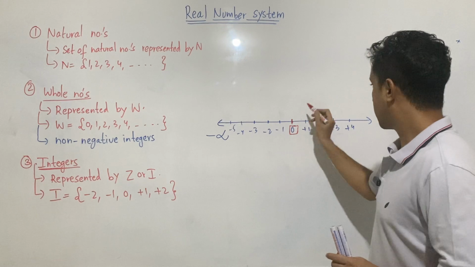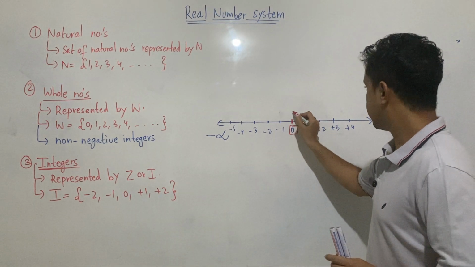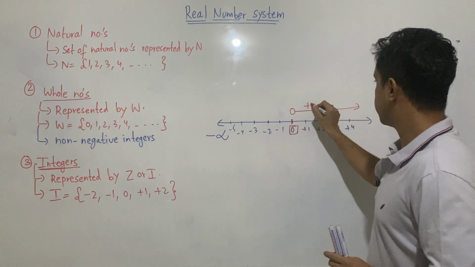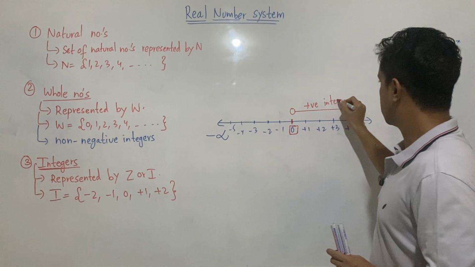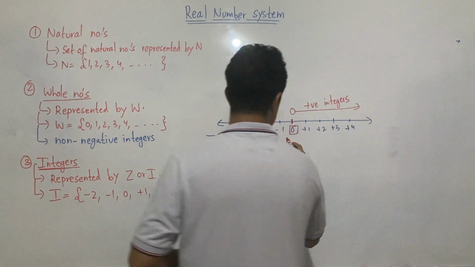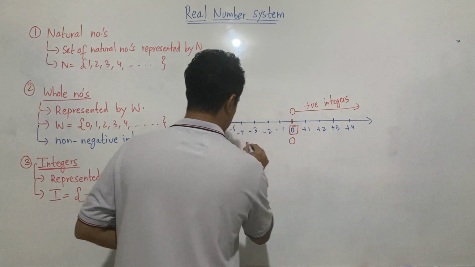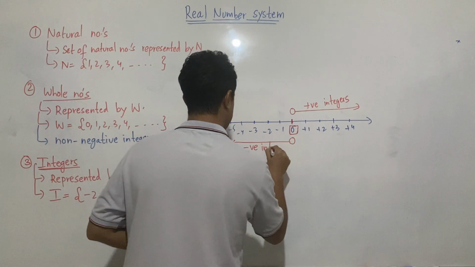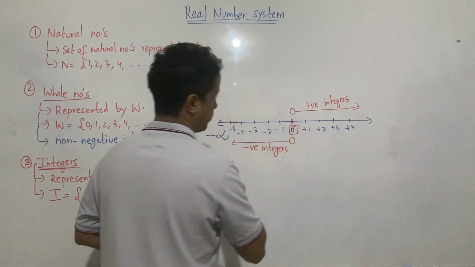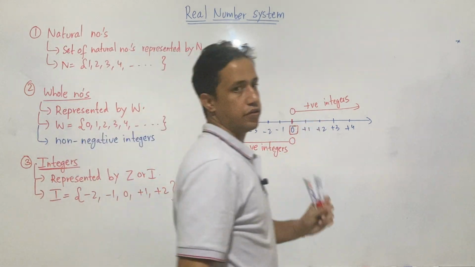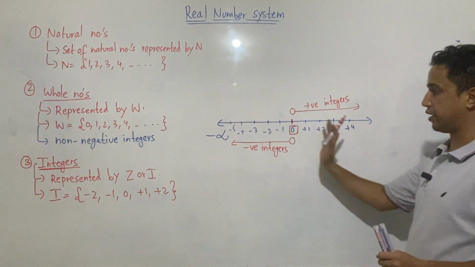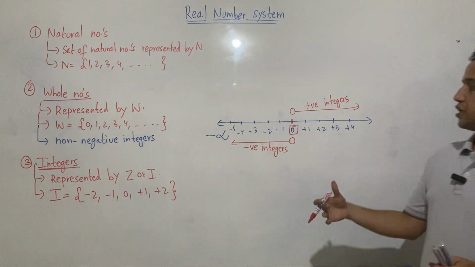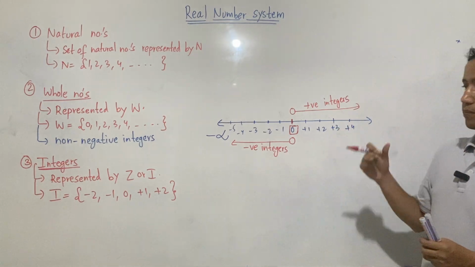So on this side of 0, I have positive integers, and on this side of 0, I have negative integers. On the right side of 0, we have the set of positive integers. On the left side of 0, we have the set of negative integers. These negative numbers are important too.